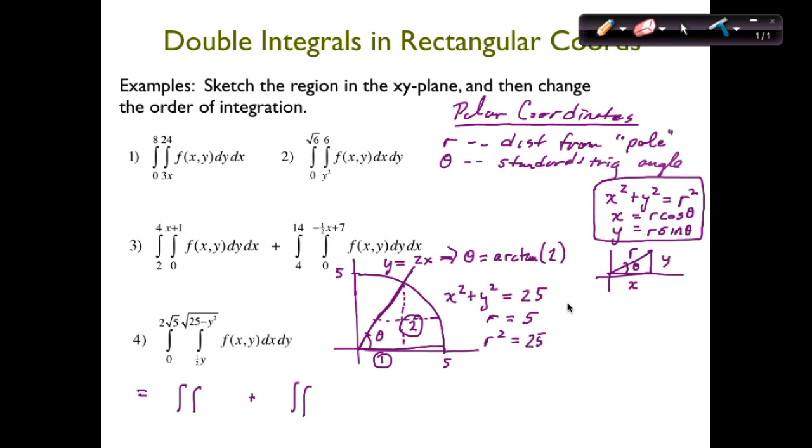So it's all points where r is between 0 and 5, and theta is between, what's theta down here at the x-axis? That's an easy one, right? So all points where the angle is between 0 and arctangent of 2, and all r values between 0 and 5. So you see that this is well suited for polar coordinates.